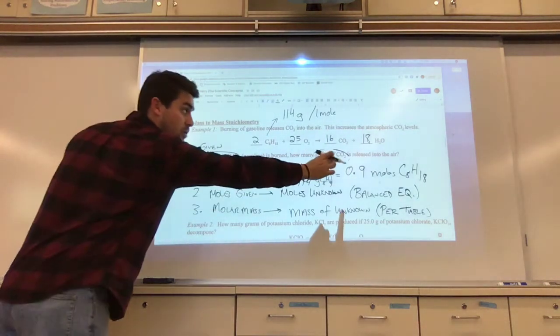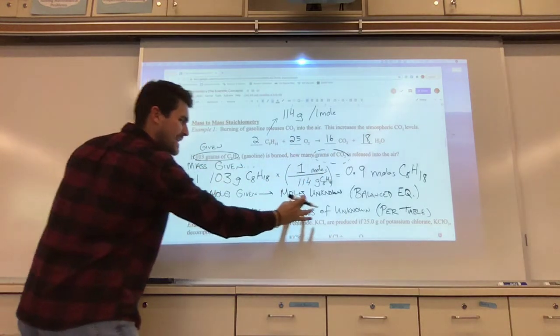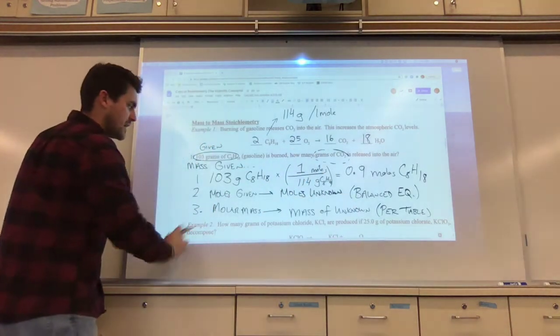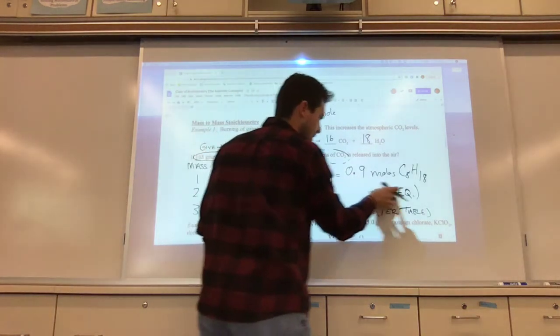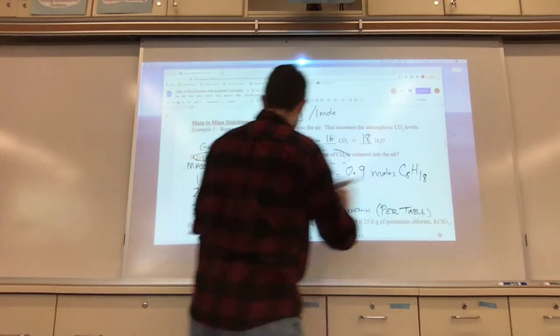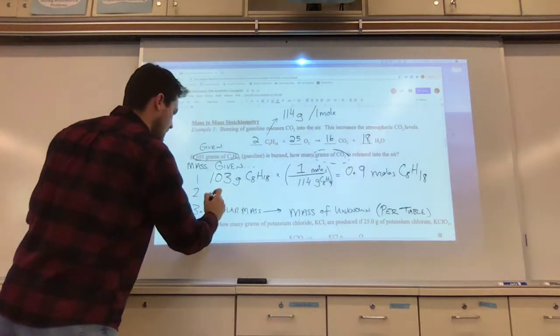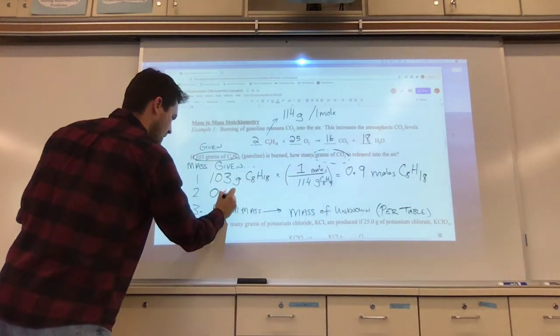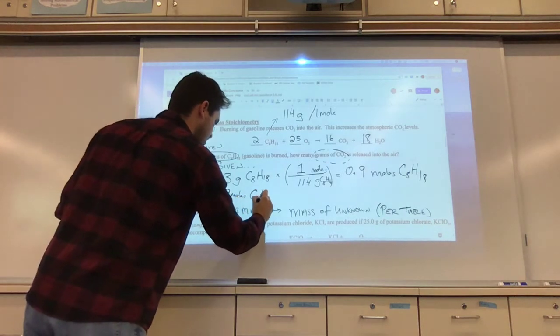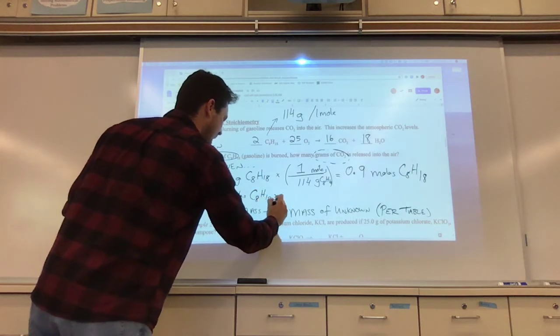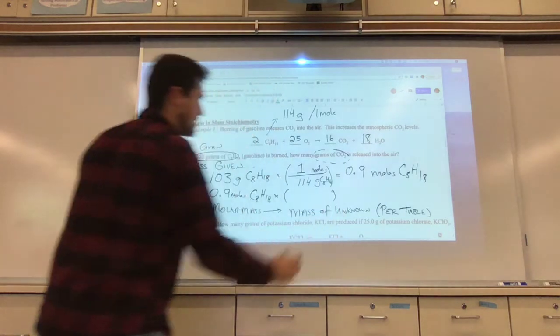Let's take the moles that we were given and convert it into the moles of unknown using the balanced equation. I'm going to erase this step now. So I can go ahead and take 0.9 moles of C8H18, and I'm going to need to, again, multiply by some conversion factor.